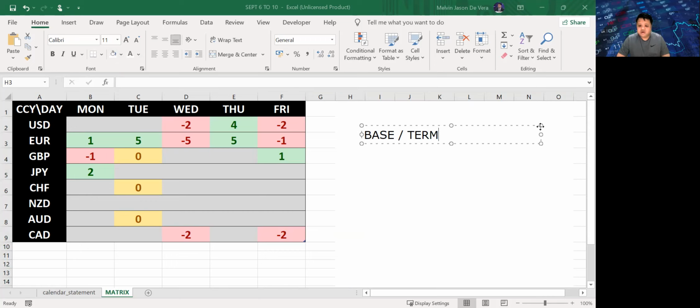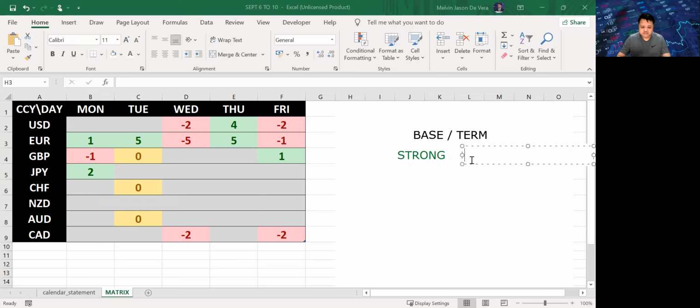Now, kung ang base strong, alright, then your term is weak. Dapat ang position mo dito, buy.